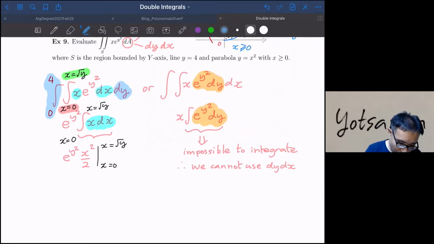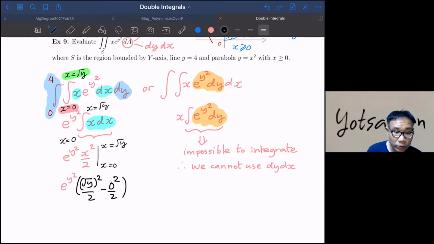Now you can just plug in. It's e to the y squared times root y squared over 2 minus 0 squared over 2.